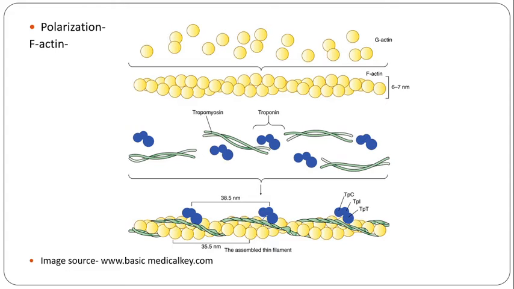The lower panel shows the assembled thin filament consisting of F actin, tropomyosin, and the three troponin subunits TnC, TnI and TnT. Got it? The thick and thin filaments interact via cross bridges that emerge at intervals of 14 nanometers along the thick filament.